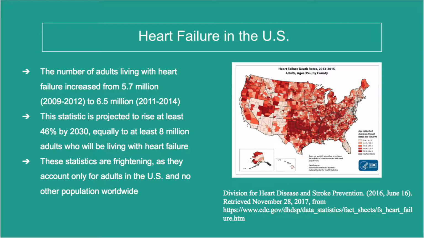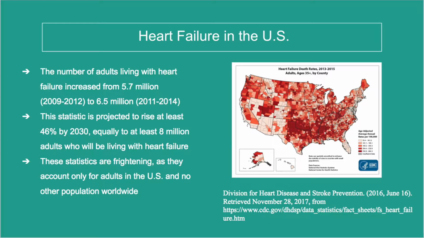This slide includes some interesting statistics about heart failure in the U.S. For example, the number of adults living with heart failure increased from 5.7 million in the years of 2009 to 2012 to 6.5 million from the years of 2011 to 2014.